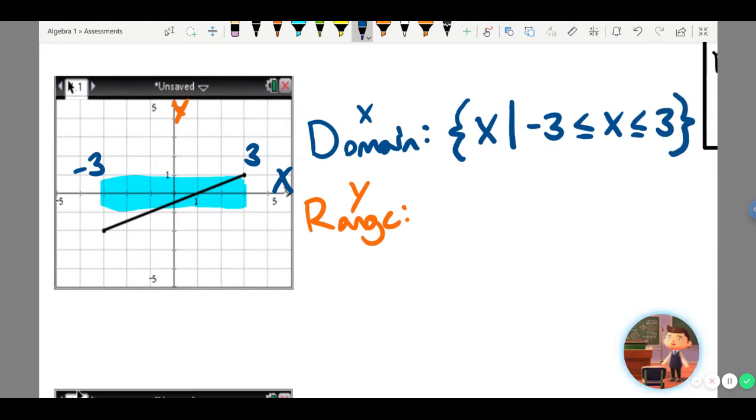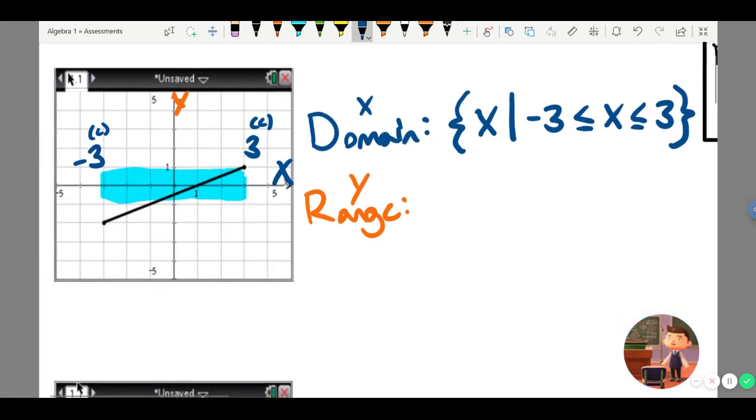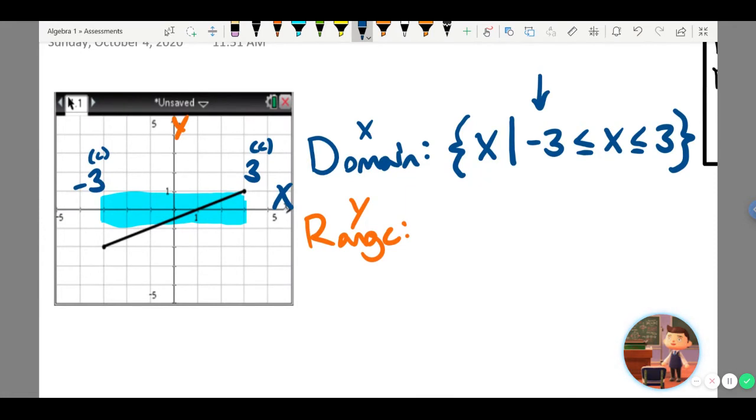Okay, and notice that I have two closed circles for my maximum and minimum here, so I'm going to be using less than or equal to signs. Once again, this just says the set of all x values such that x is in between -3 and 3. So x is greater than or equal to -3 and less than or equal to 3.